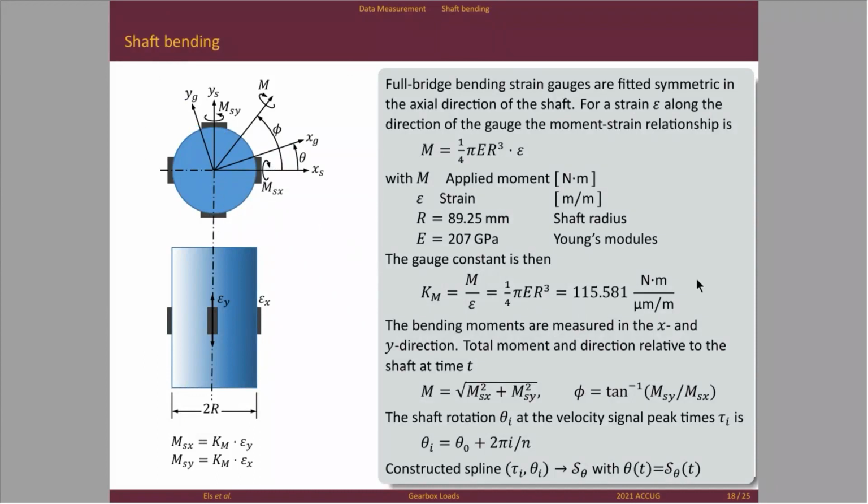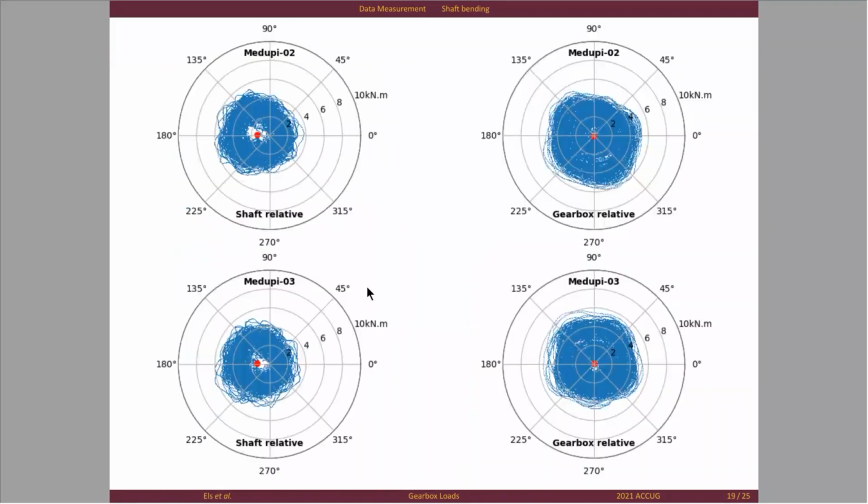Again, it is the strain gauge correction factor that we implement just from straightforward strength of materials. And very interesting. This is something that I was quite surprised at.